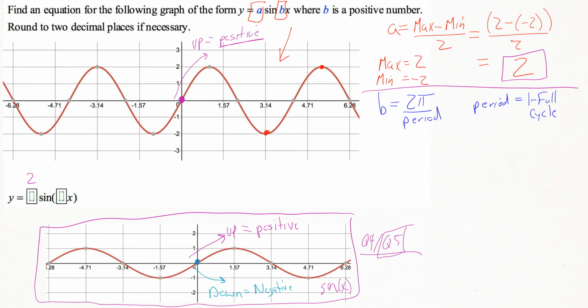Sine and cosine graphs just repeat the same cycle over and over again, so we call one full cycle a period. To find our period, we can pick any point on the graph and find how long it took before we got back to that exact same point, before the cycle begins again.